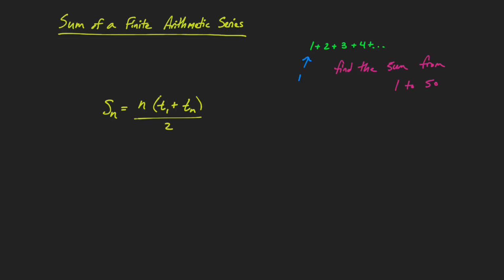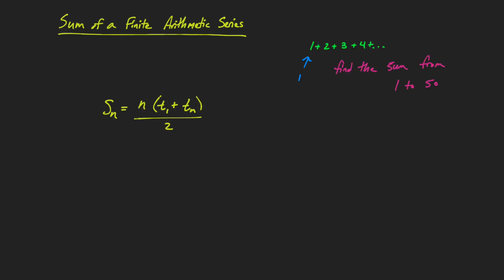What you would look for is having the final term here, Tn, be 50, since 50 is the end of your list. And all of this is divided by 2. If you want to know more about this specific formula, feel free to check out my other video on the proof of this formula for a finite arithmetic series.